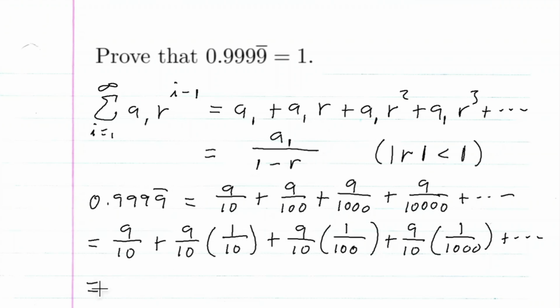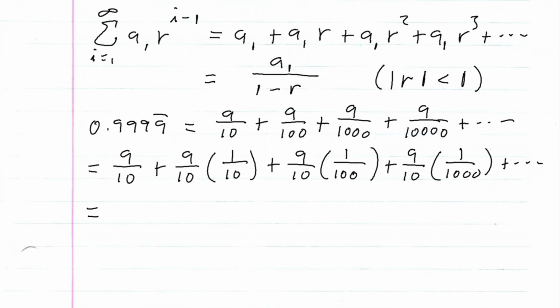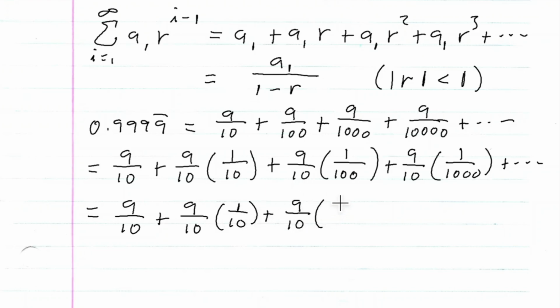So luckily, we can write all of these in terms of r squared and r cubed when we know r is 1 over 10, right? So this is equal to 9 over 10 plus 9 over 10 times 1 over 10 plus 9 over 10 times 1 over 10 squared, right?